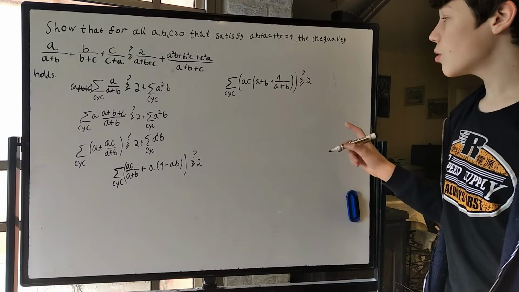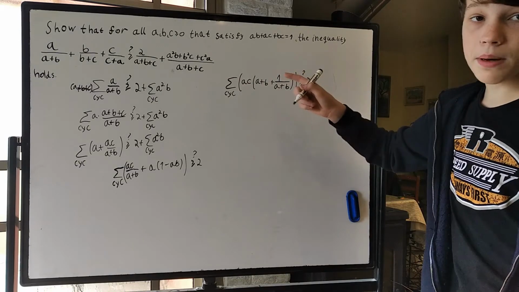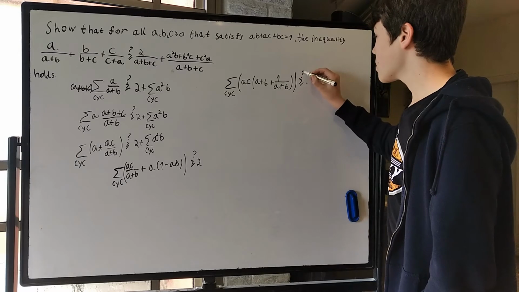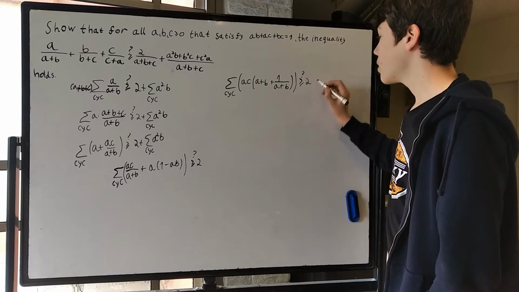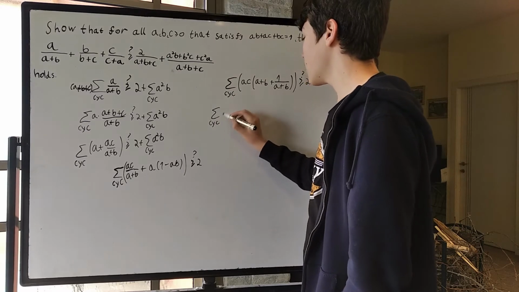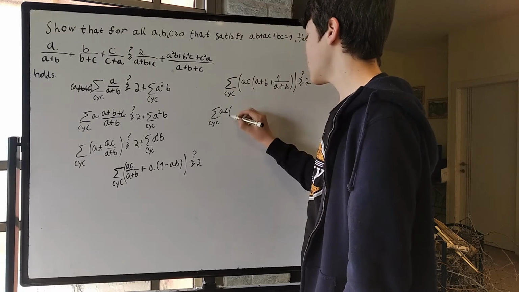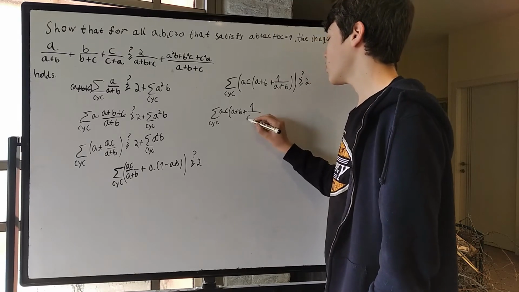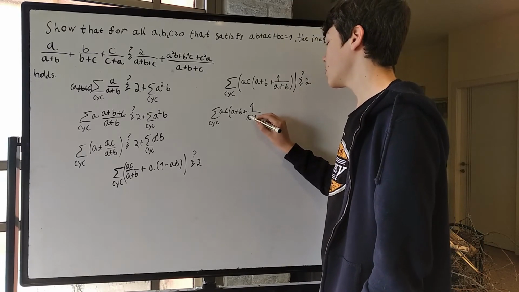Now we're going to show that this is indeed bigger than or equal to 2. So we have the cyclic sum of AC times A plus B plus 1 over A plus B.